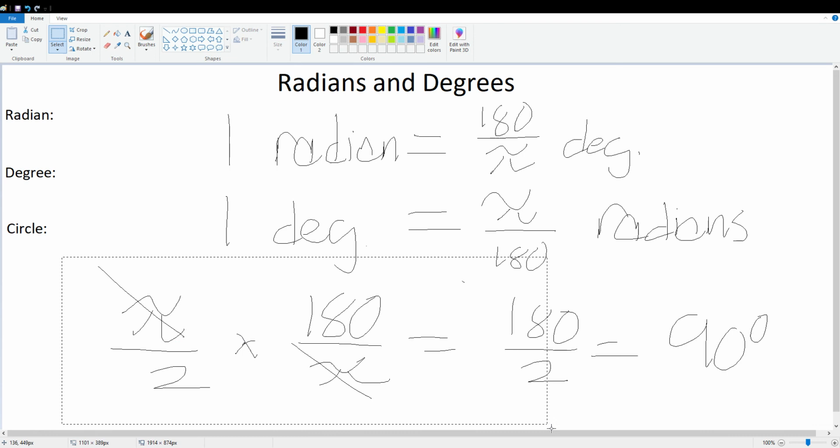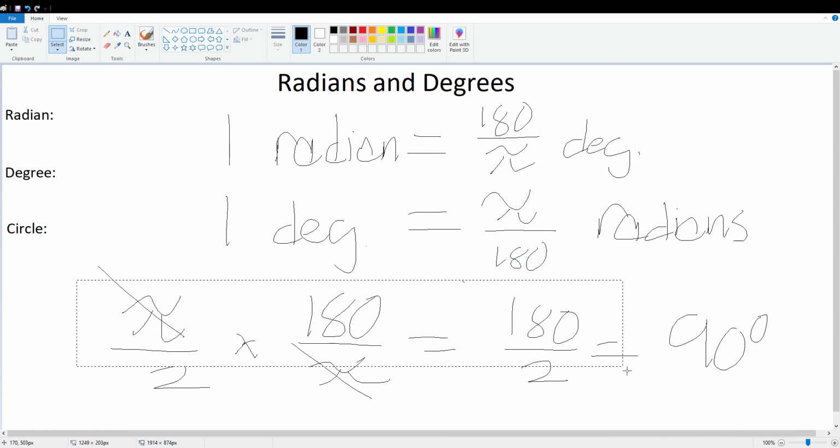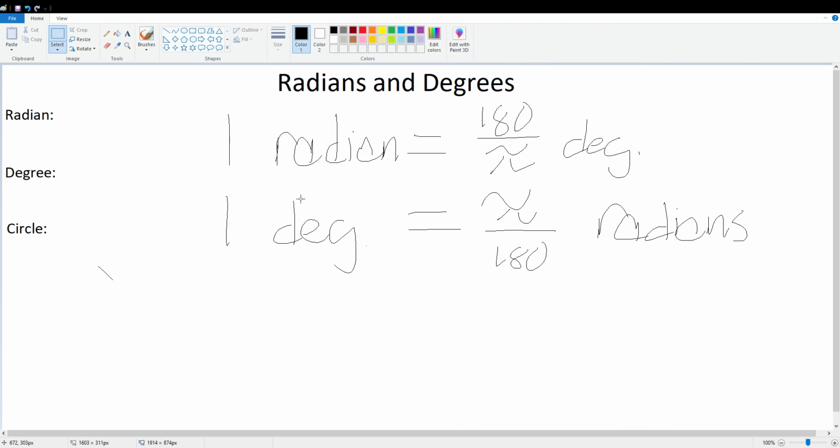Now we're going to work with a different set of numbers: negative 30 degrees, and we're going to convert this into radians. Again, to convert to radians, you would use pi over 180, so times pi over 180.